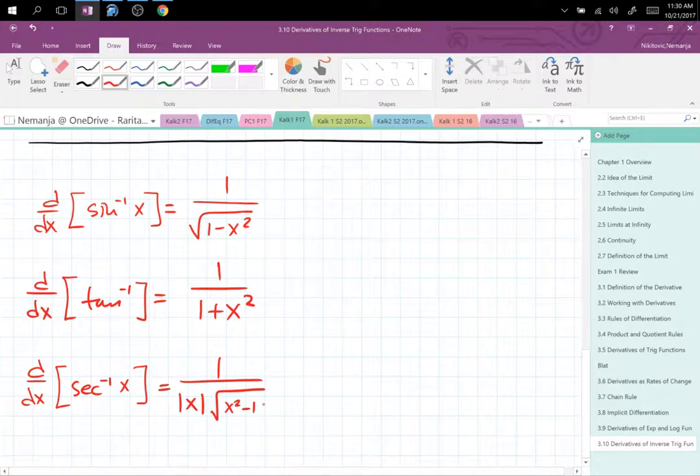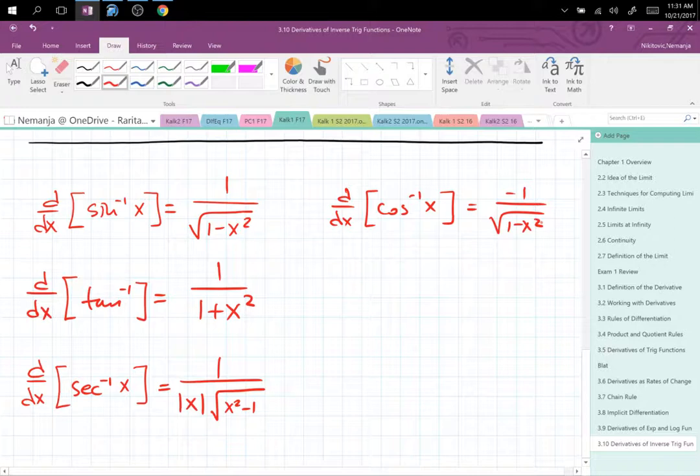So these are the three formulas. And now the other three are the same, except you put the minus in front of each one of these. So the derivative of cosine inverse of x is going to be negative 1 over the square root of 1 minus x squared. So you just copy everything and put the minus in front of each one in the numerator.